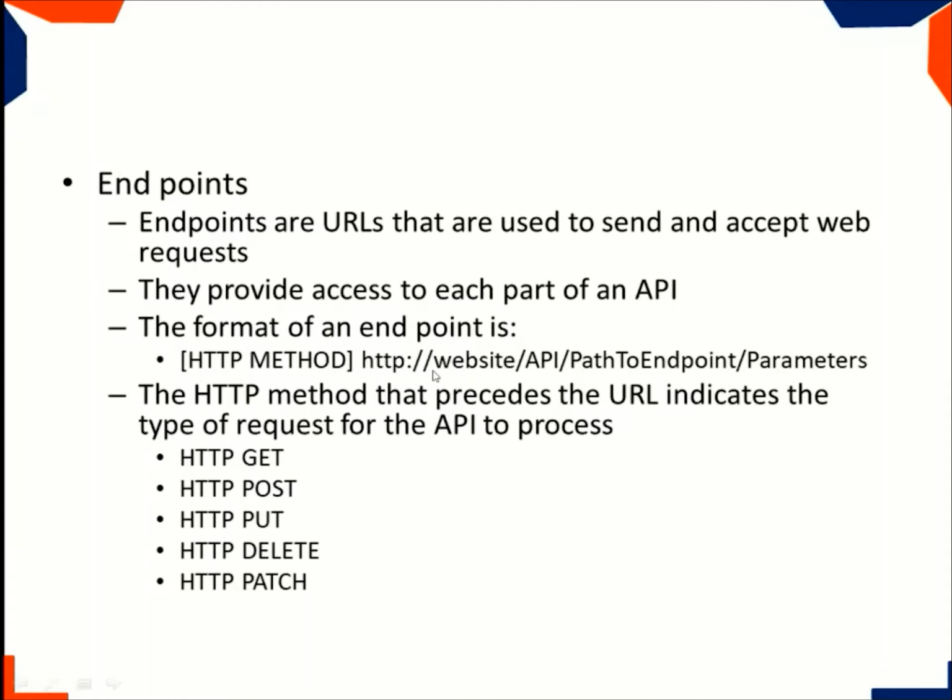It begins with your website address, and from there you request the API, and then a path to the endpoint, and then all the parameters that you're looking for within a website. That becomes one of the main things whenever you're using HTTP, right?